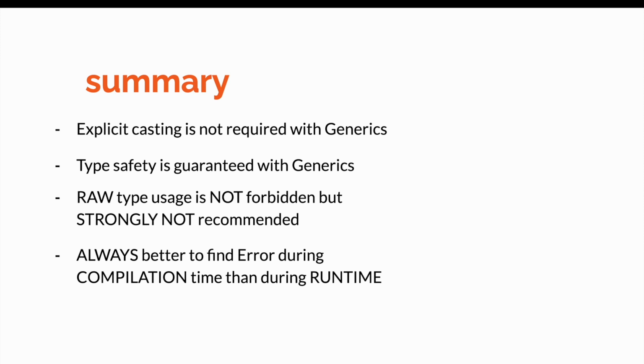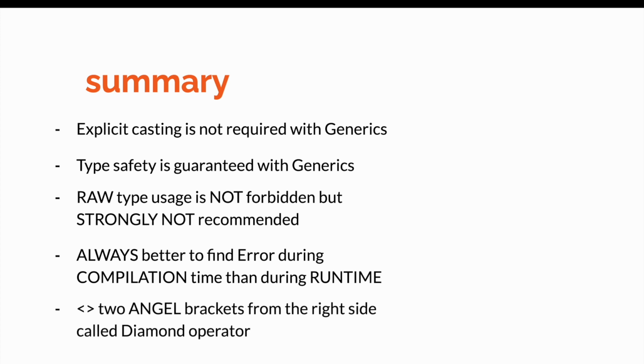But during runtime, unfortunately, we don't have such a possibility. And last but not least, the two angle brackets on the right side of the declaration of the collection are called the diamond operator, and it's totally fine to use it. We don't need to explicitly indicate to Java once again what kind of collection it's going to be.